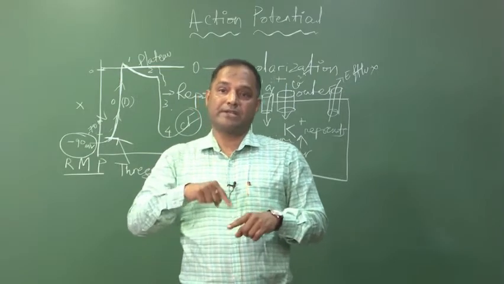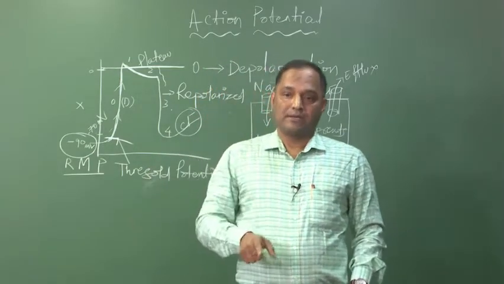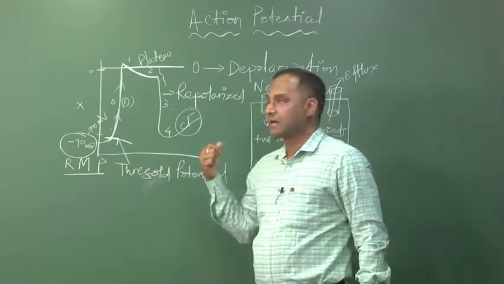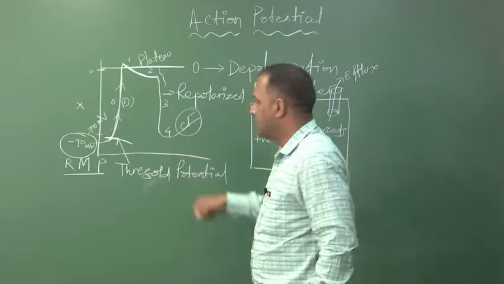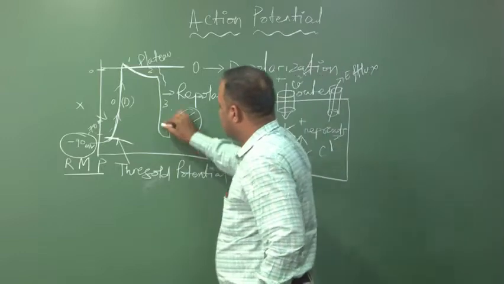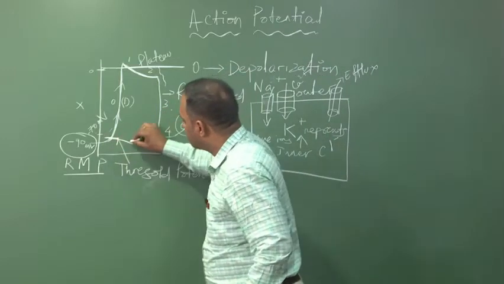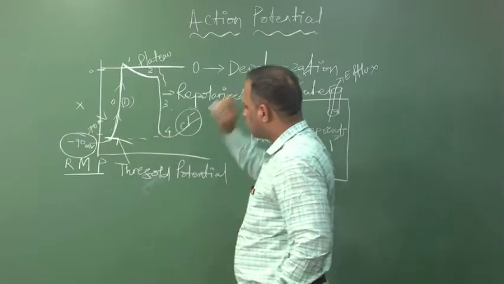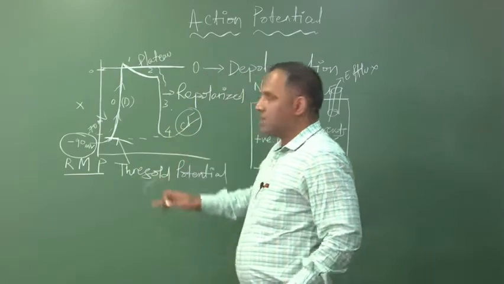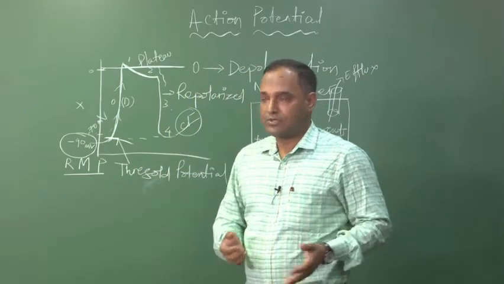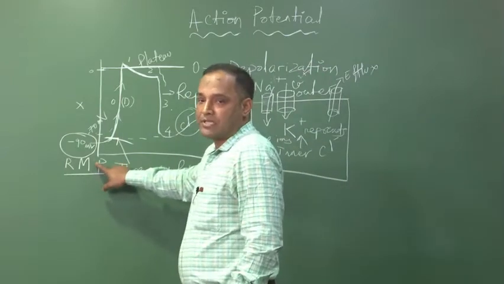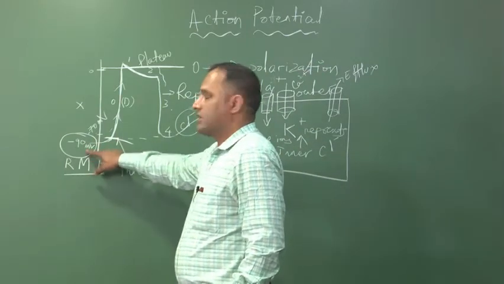That means it makes the cycle completely negative, because it is Cl minus. With the help of Cl minus, it goes back to minus 90 millivolts, which is the resting membrane potential. Again, to highlight, resting membrane potential, where the cell does not work, is minus 90 millivolts.